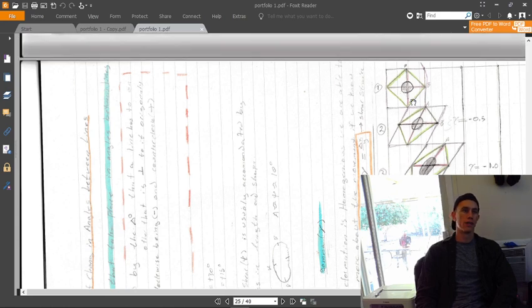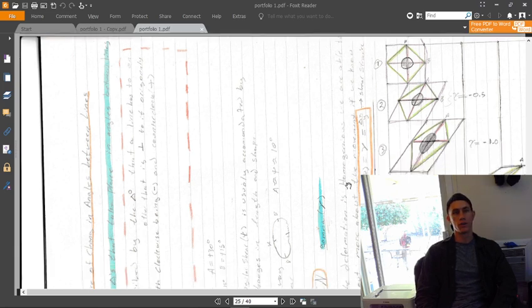Right here, this is evenly spaced, so this one went over 0.5, so gamma is 0.5, and this one went over 1 full unit, so it's 1 in relation to that shear.